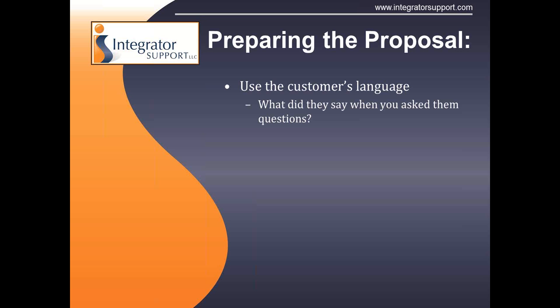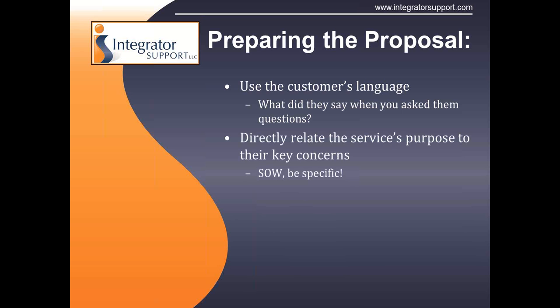What would you want it to stop? And address exactly that. Based on your concern about this, this is what we recommend in this area. Based on the concern on that, this is what we recommend. Put it in their own language. Directly relate the service's purpose to their key concerns.